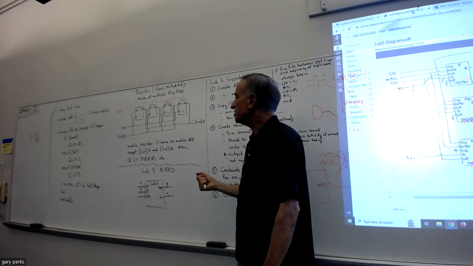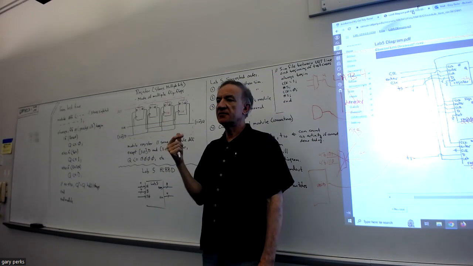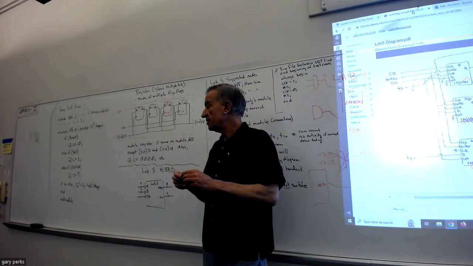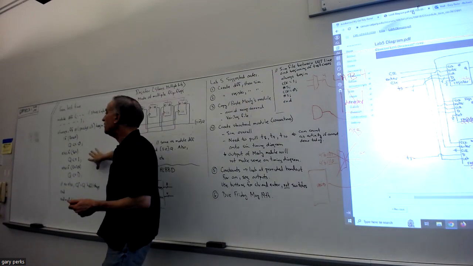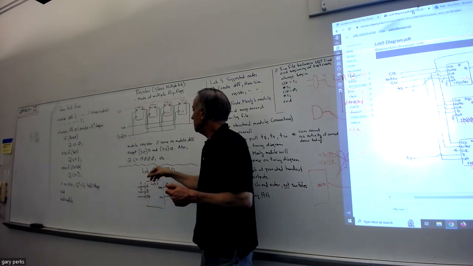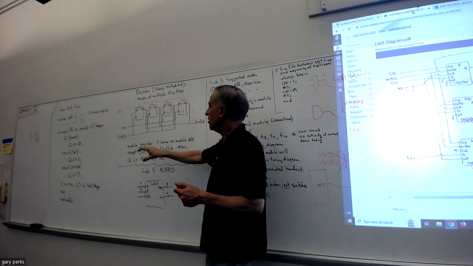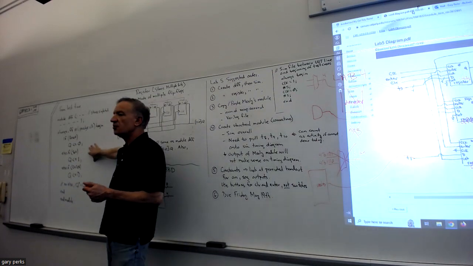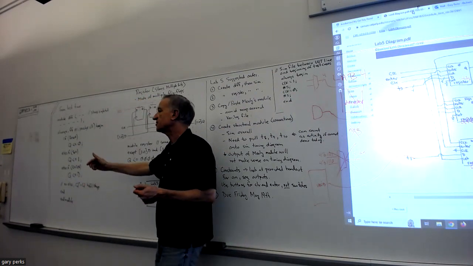Now, to model a register in SystemVerilog, it's rather easy once you have your D flip-flop model. To model the register, all you have to do is take the same code that you have for the flip-flop and make a few modifications.